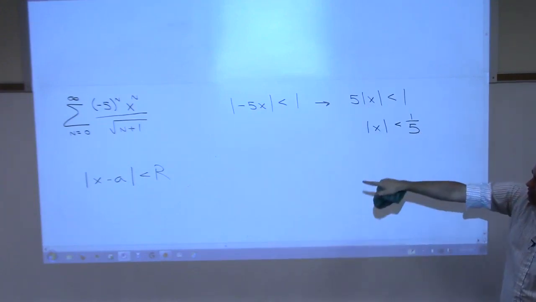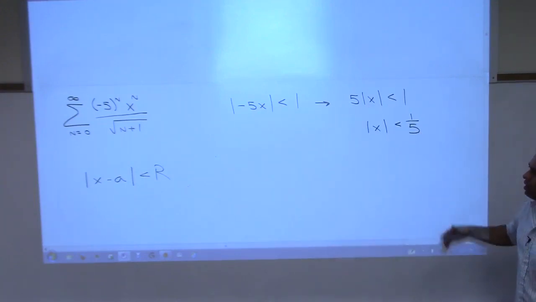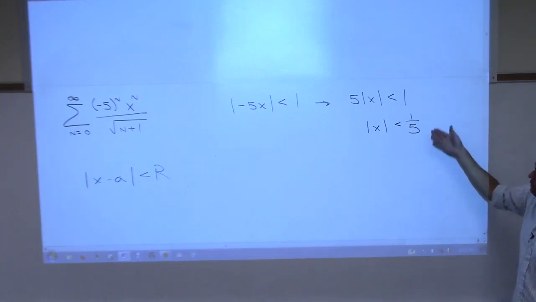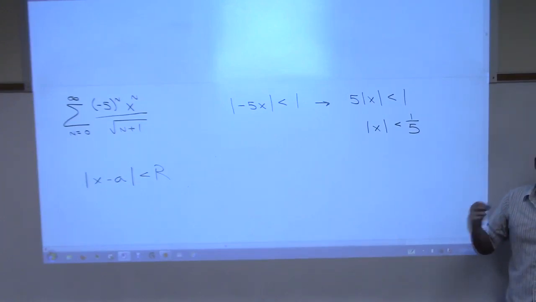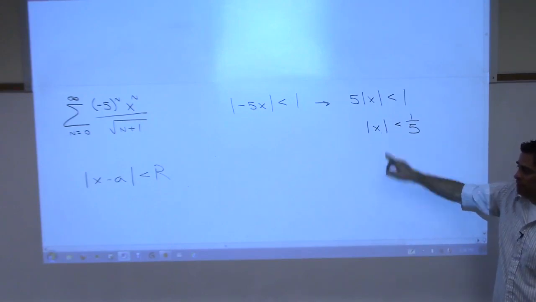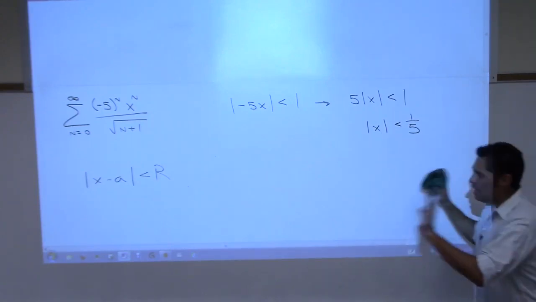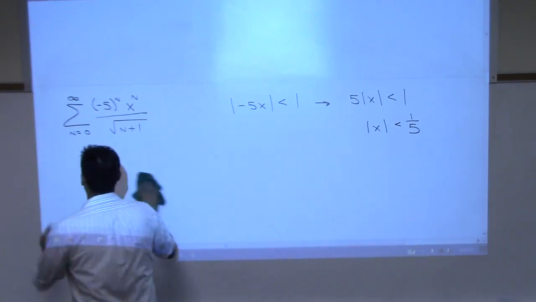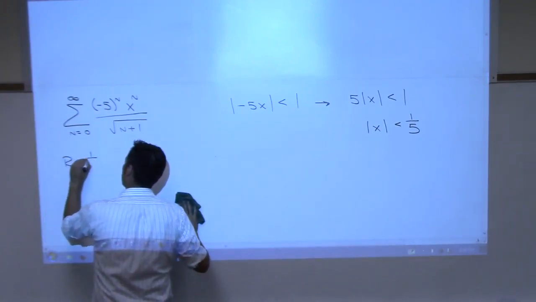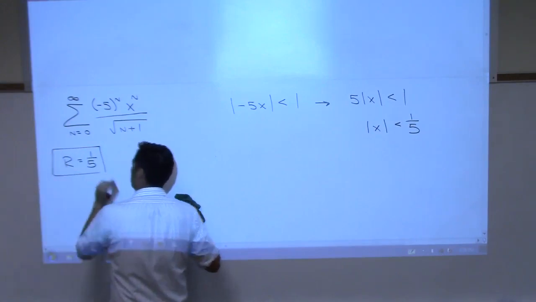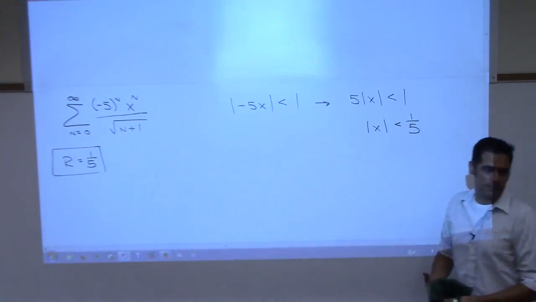Now, does this look like that? Yes? What's r? 1/5. What's a? 0. So remember, this is x minus 0 here. Okay. So right now, at this point, I can actually answer one of the two questions. R is 1/5. I'm done with that part. But now I need the interval.